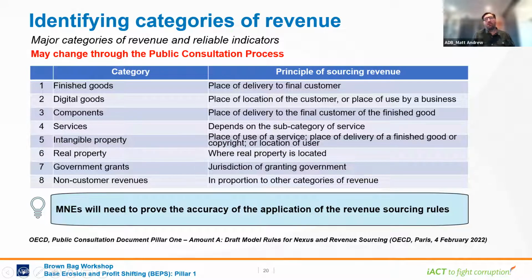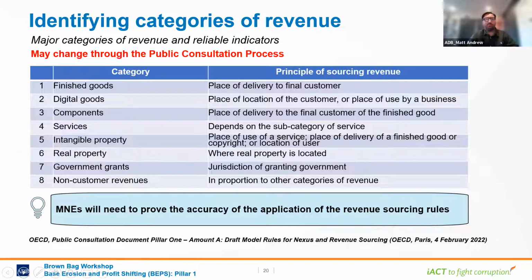And so what the OECD paper says is, in order to source revenue, we first of all have to look at the different categories of revenue. So we're going to figure out whether the multinational has sales of finished goods, revenues connected to components, revenue connected to services, revenue connected to digital goods or intangible property or real property, or government grants or non-customer revenue.